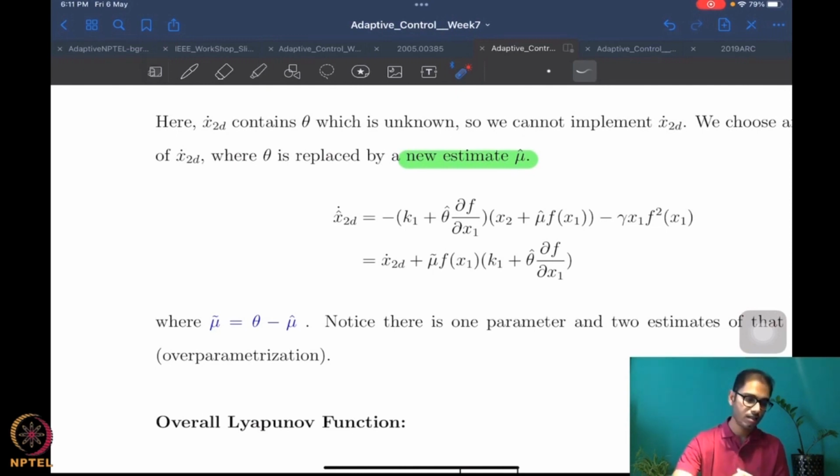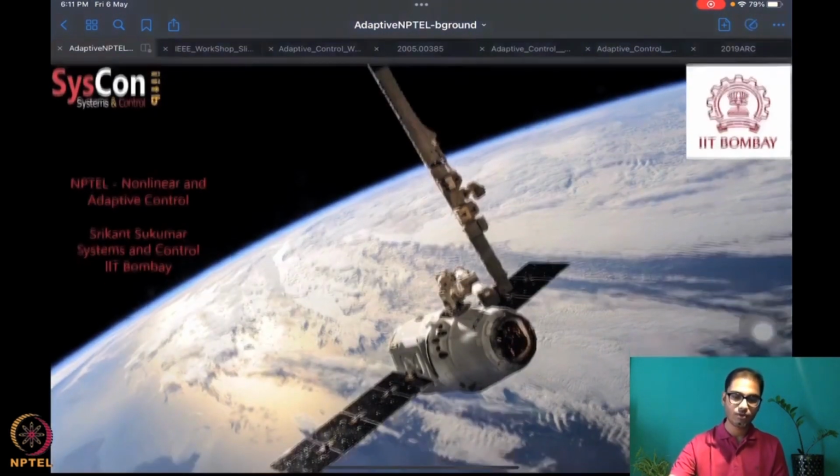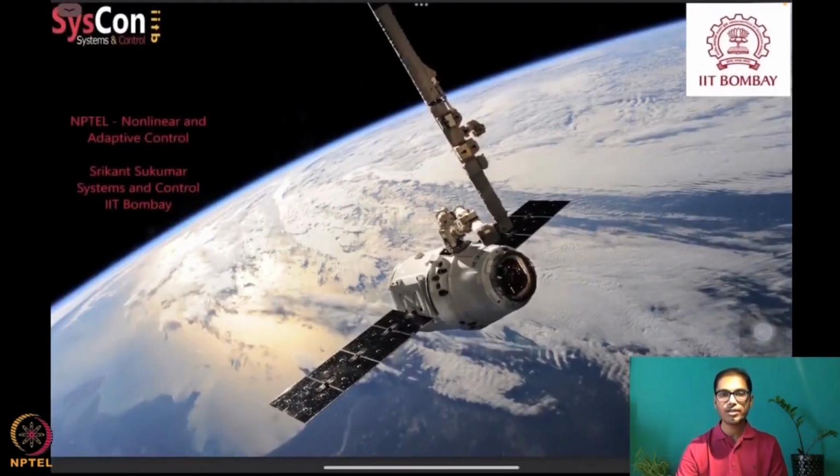All right, great. So what is it that we looked at today? We are continuing our analysis of this unmatched case, which, as we can see, is turning out to be much more involved than the matched case. We saw what the differences are. We saw that the x2 desired starts to contain the unknown parameter.